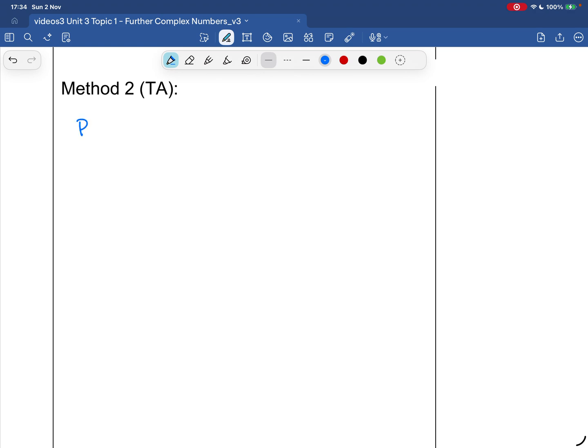If I have P of z is z cubed plus b z squared plus c z minus 87, and I've been given that P of negative 2 plus 5i equals 0.